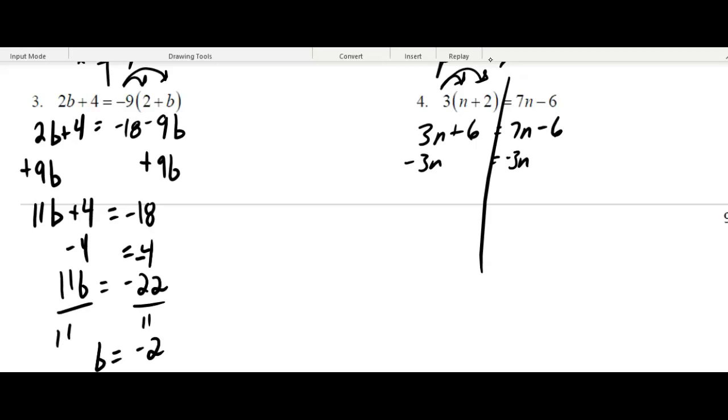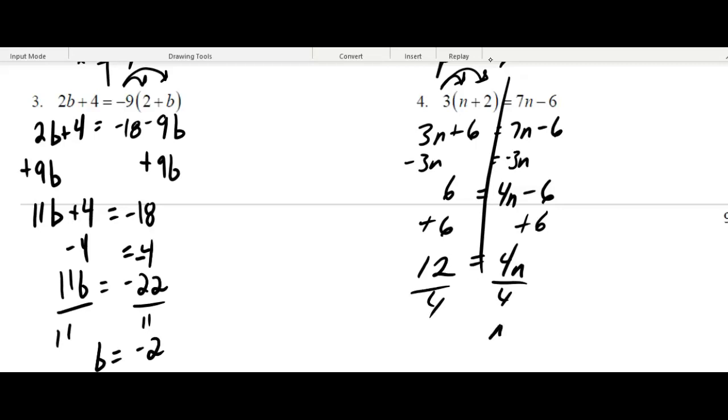So subtract my smaller number, keep it positive. And that puts my n over here on the right side. That doesn't bother me. You guys, now that we're getting into high school here, probably should get comfortable with that. Add 6 to both sides. 4n equals 12. Divide by 4. n equals 3.